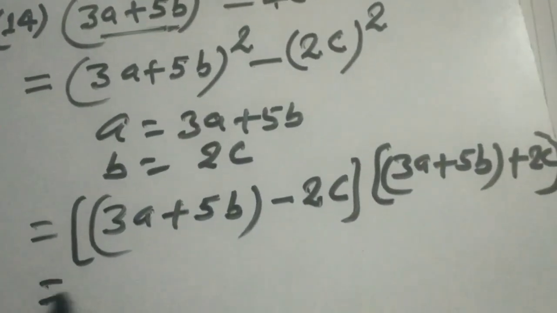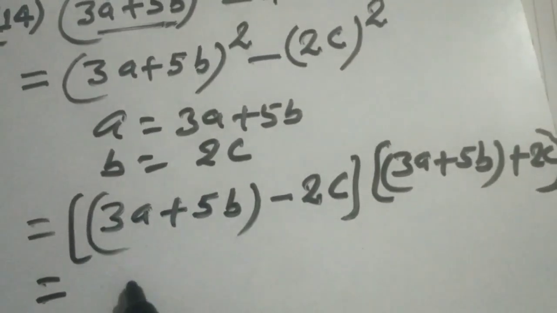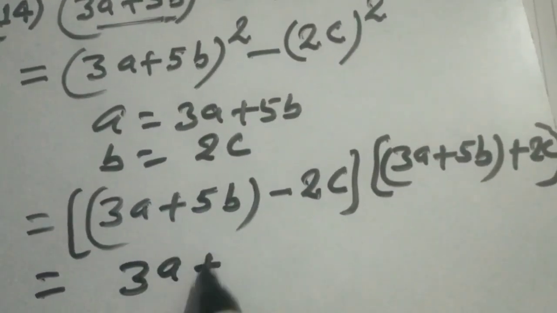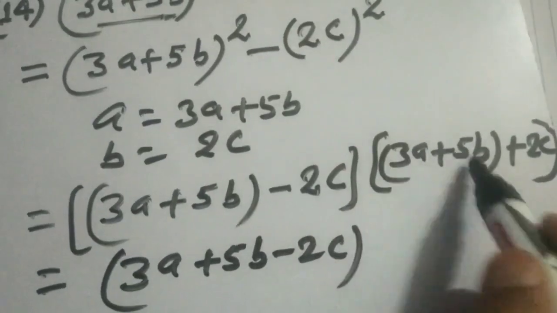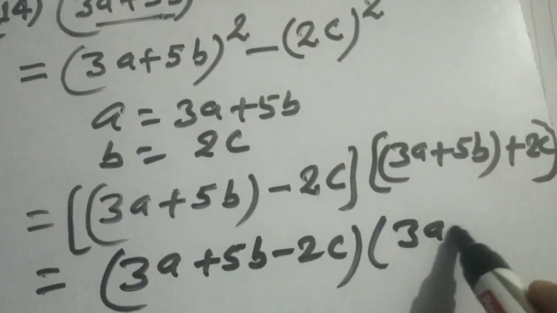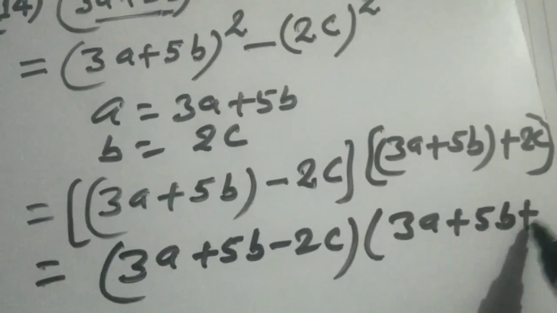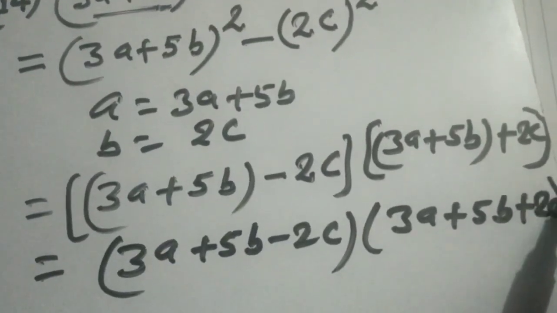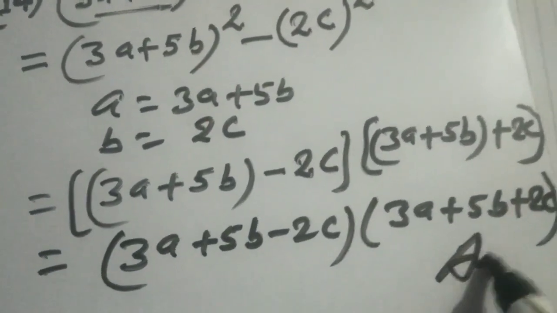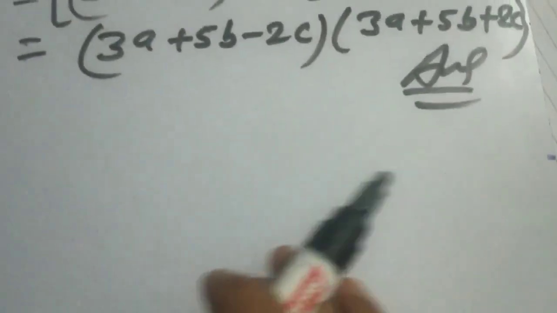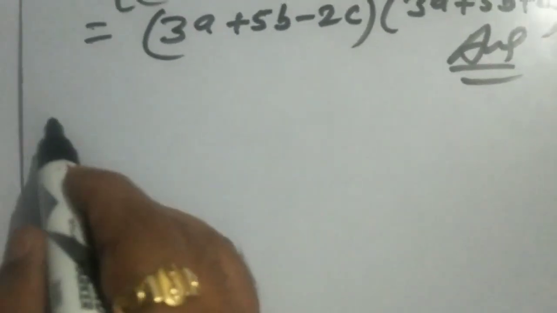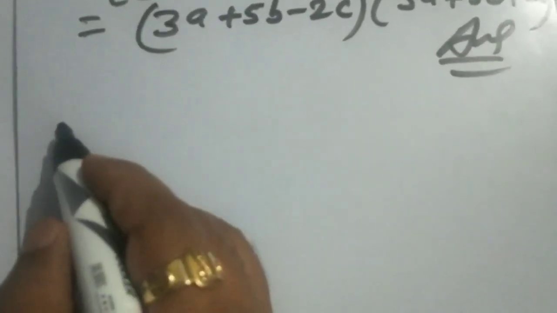So now remove the bracket. So it will be 3a plus 5b minus 2c here, and in the second bracket 3a plus 5b plus 2c. So this is your final answer. Now let us see another question. Question number 16.